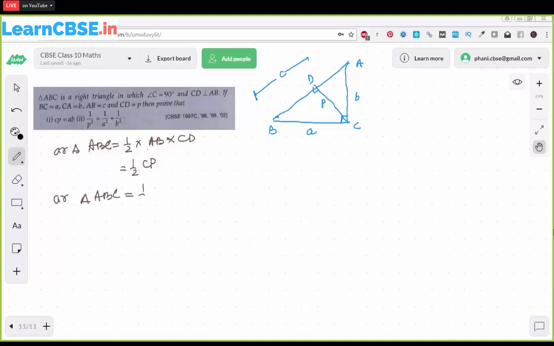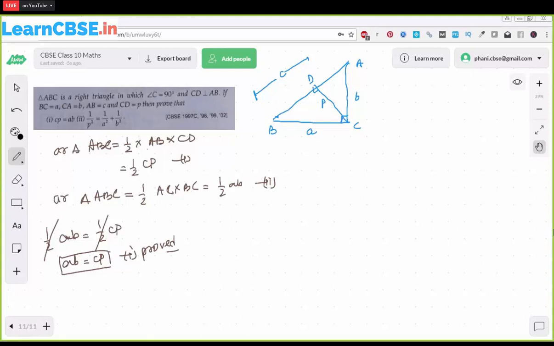That will be half into AC into BC. That will give you half into A into B. So obviously, from the first and the second equation, as both of them denote the area of the triangle ABC, we can simply write half CP equals half AB, or CP equals AB. So that's the first one proved.